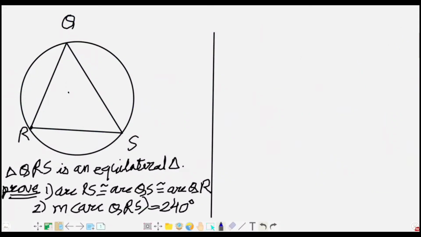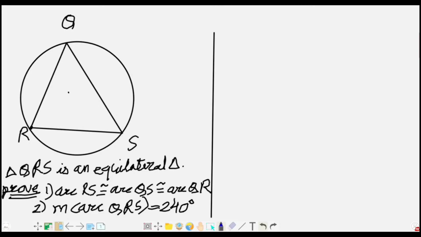Now students, let's solve one more sum. In the figure, triangle QRS is an equilateral triangle. Based on this, you have to prove that arc RS is congruent to arc QS, which is congruent to arc QR. And you have to prove that the measure of arc QRS equals 240 degrees.